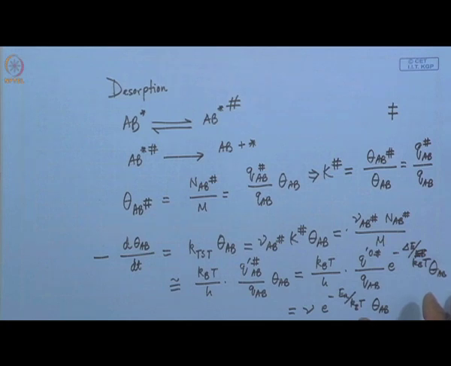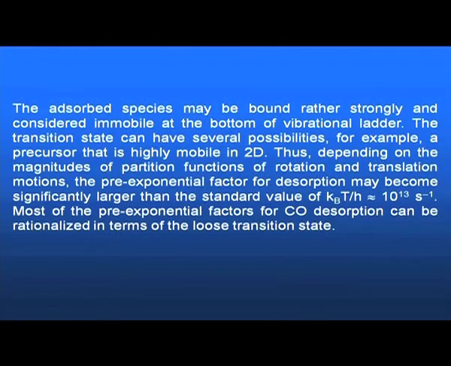Okay. So the adsorbed species may be bound rather strongly and considered immobile at the bottom of the vibrational ladder. The transition state can have several possibilities. Okay. So once the species is adsorbed and bound rather strongly, and when it is considered immobile, that means it is at the bottom of the vibrational ladder.